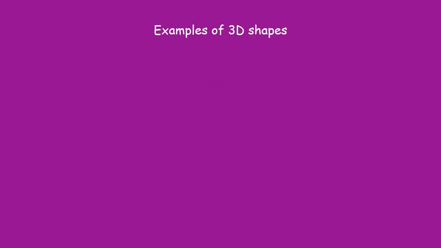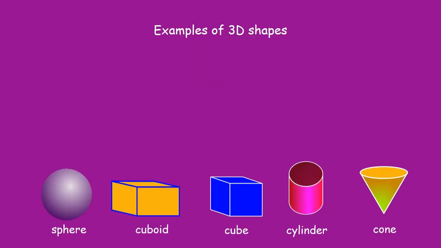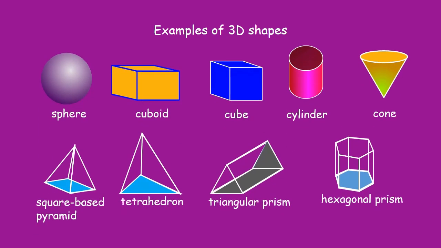Examples of 3D shapes may include sphere, cuboid, cube, cylinder, cone, square-based pyramid, tetrahedron, triangular prism, and hexagonal prism. Again, we have more 3D shapes than we have over here.